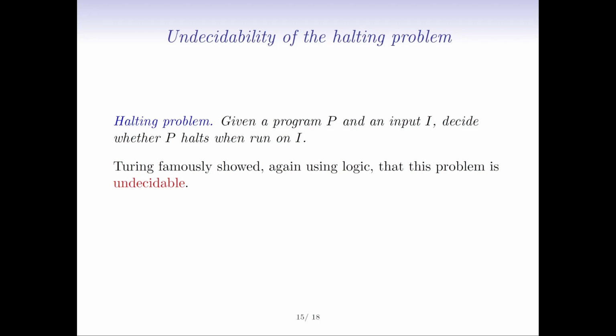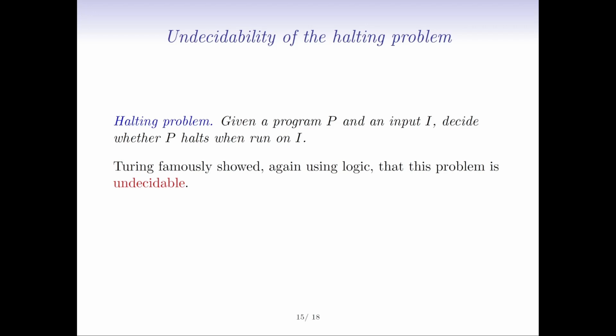You suppose that you had a decider program for the halting problem, so a program that can decide whether any program terminates on any input, and then you use that program to build another program which halts only if it does not halt. And of course, if it halts, then it does not halt, it loops forever. And if it loops forever, then it must halt by construction. And again, that's a contradiction.